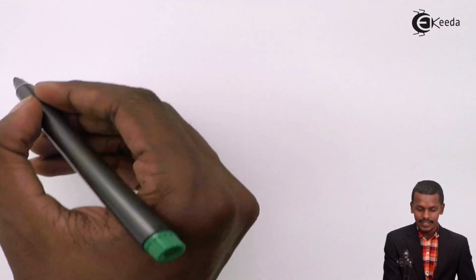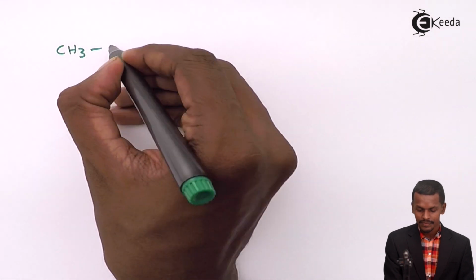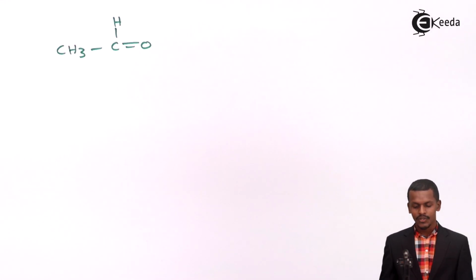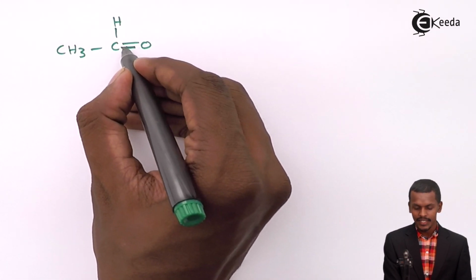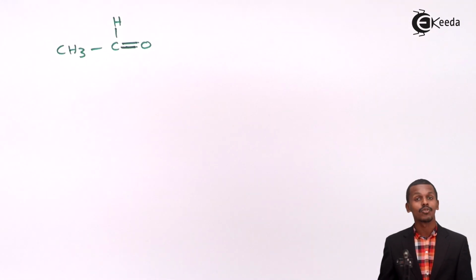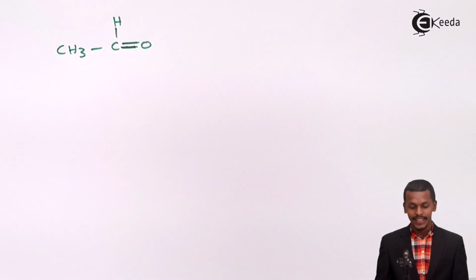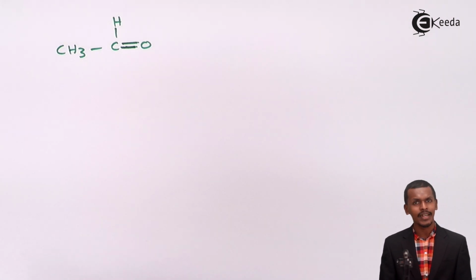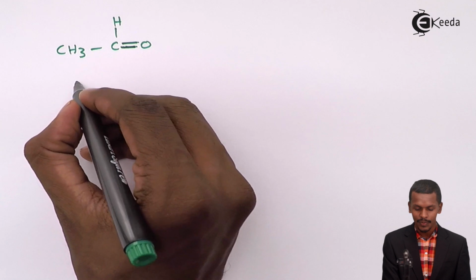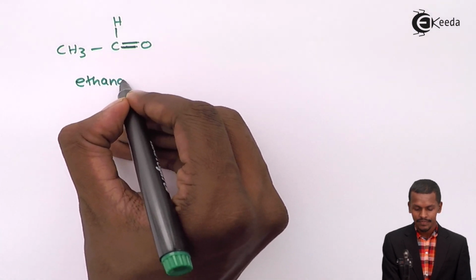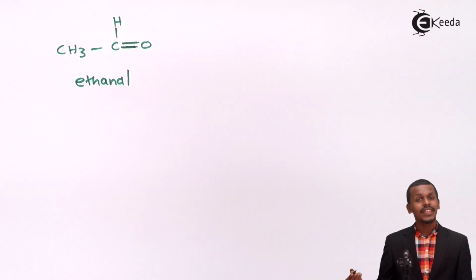Suppose we have an aldehyde like this one. In common name it is known as acetaldehyde, and according to the IUPAC name, because two carbon atoms are involved in this case, the name would be ethanal. Suppose this is the reactant reacting with the other molecule, and the other molecule is a hydroxylamine, NH2OH.